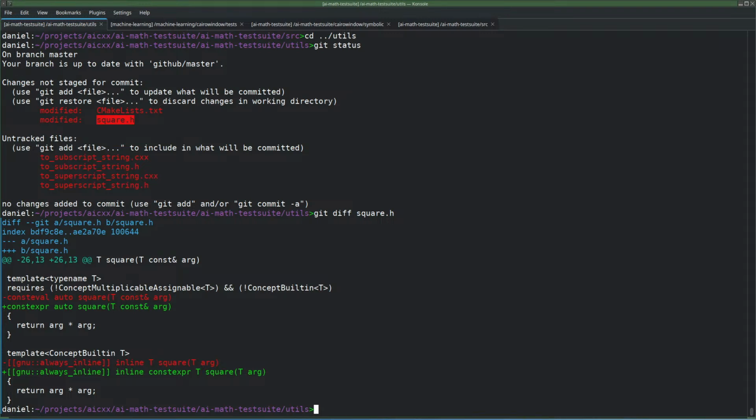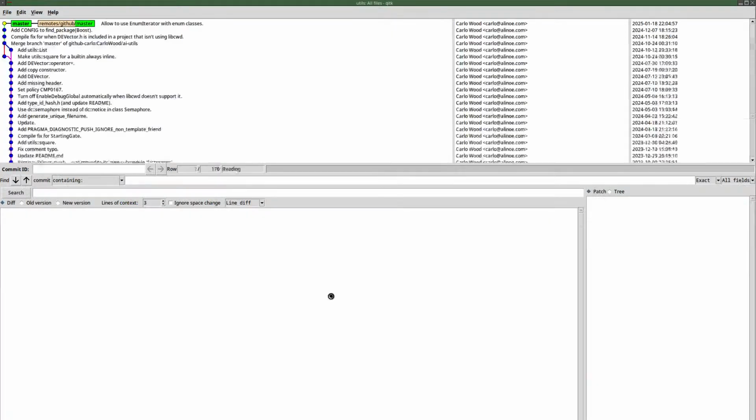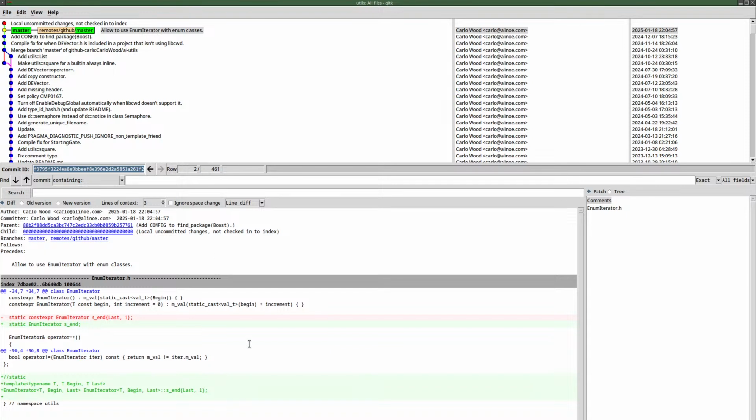Thought I already committed that with the comment. Make this work for enum classes. Oh no, there was something else also involved. Yeah, this one. Nope. Oh man. Mixing things up, apparently.